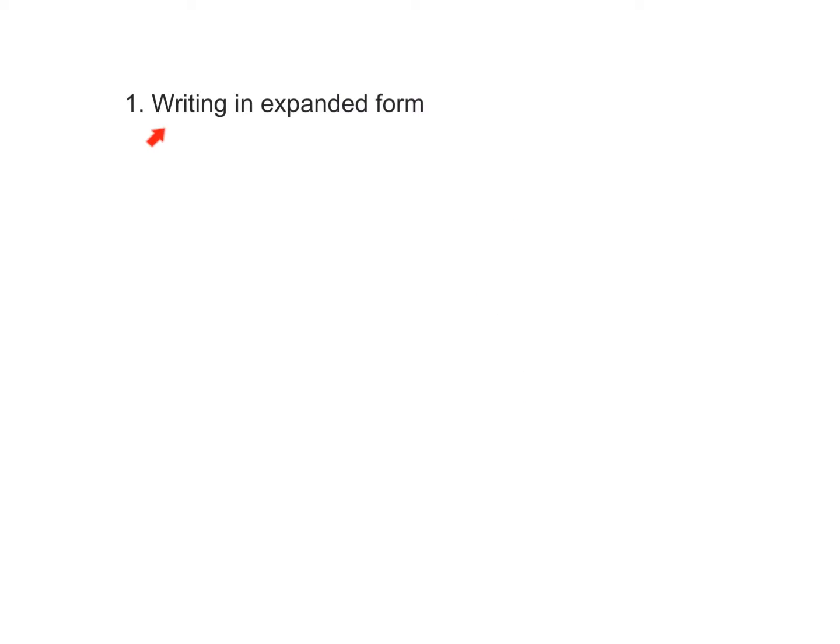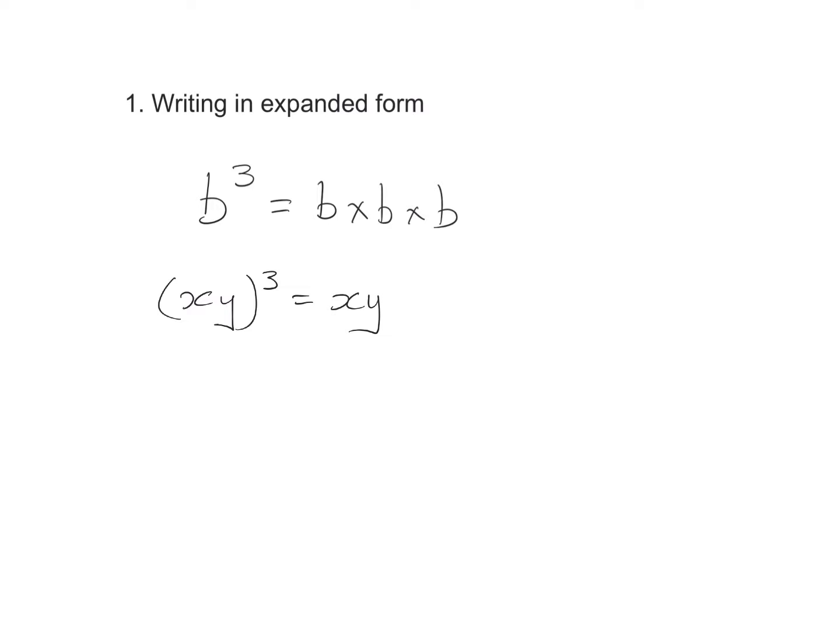The first thing we're going to look at is writing in an expanded form. So if we had b to the power of 3, we could actually write that as b times b times another b. Or if we had xy to the power of 3, we could write that as xy multiplied by xy multiplied by xy.